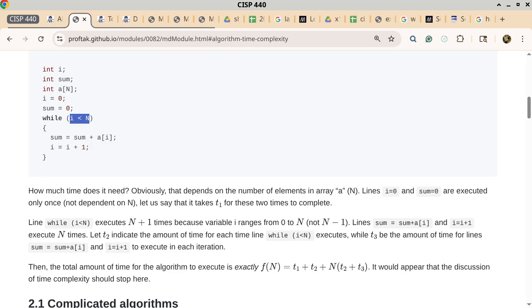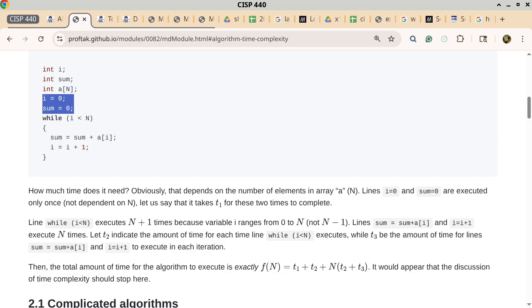That is correct, but why does it end with n? That's right. You need the extra one to fail in order to exit the loop. So that's the plus 1. And then the rest is just once. The initialization code here only executes exactly once.